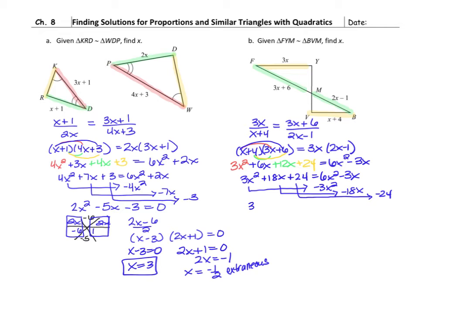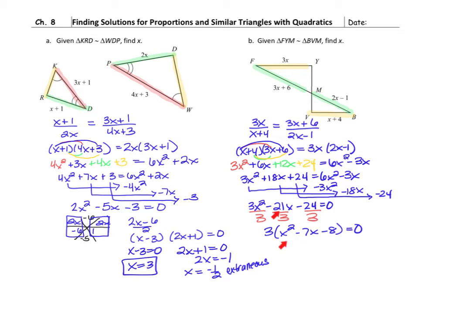That's going to give me 3x squared minus 21x minus 24 is equal to 0. So before I'm factoring, I notice that I have a coefficient of 3, and both of these terms can be divided by 3 evenly. So let's go ahead and divide a 3 out of every single one of those terms. So that's going to give me 3 times x squared minus 7x minus 8 is equal to 0.